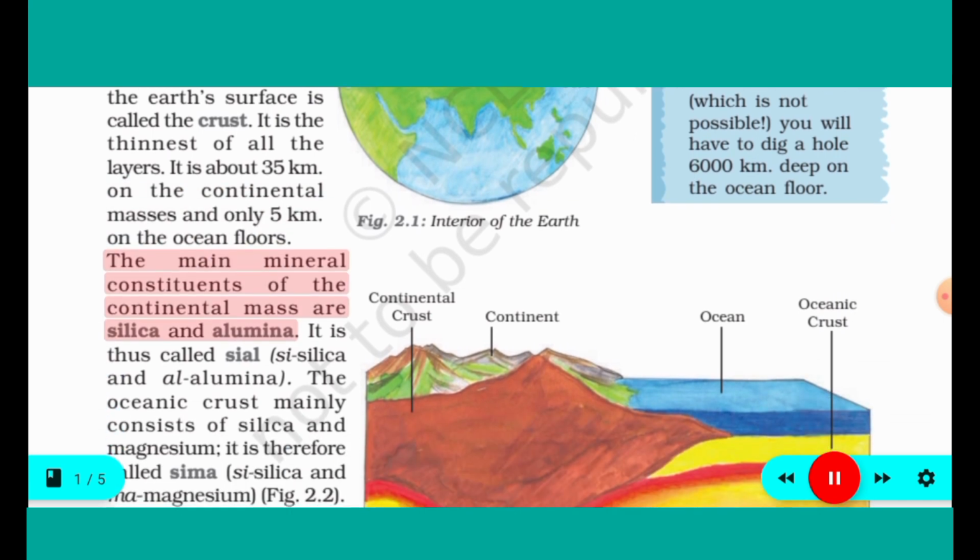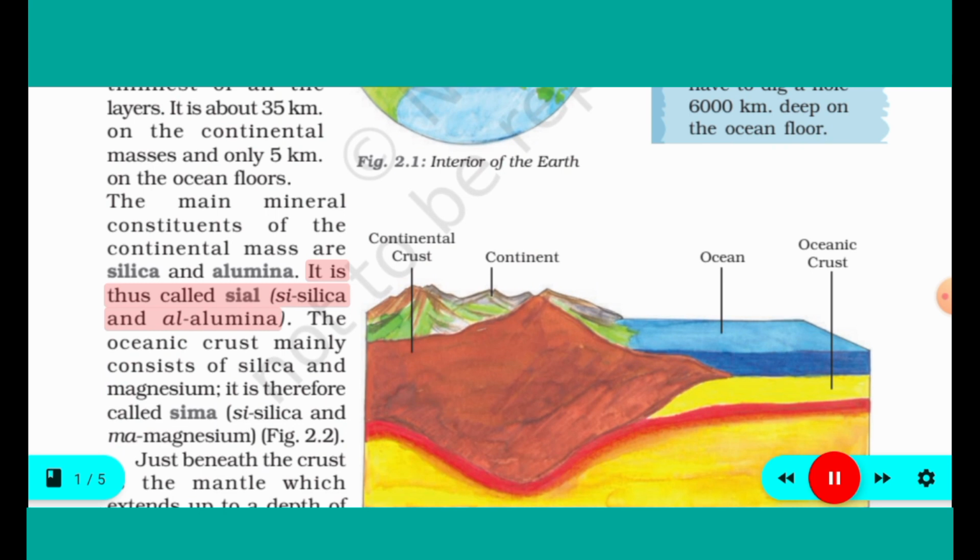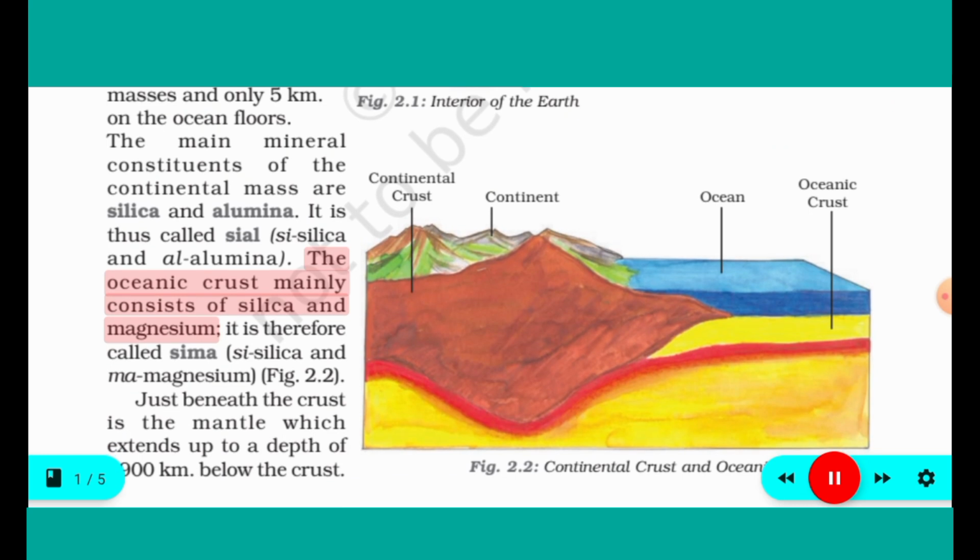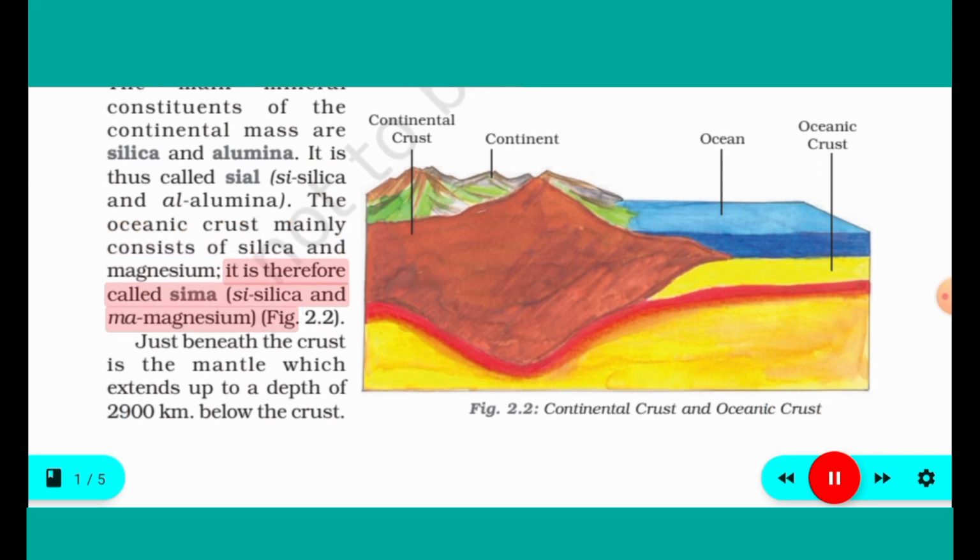The main mineral constituents of the continental mass are silica and alumina. It is thus called sial, si for silica and al for alumina. The oceanic crust mainly consists of silica and magnesium. It is therefore called sima, si for silica and ma for magnesium. Fig.